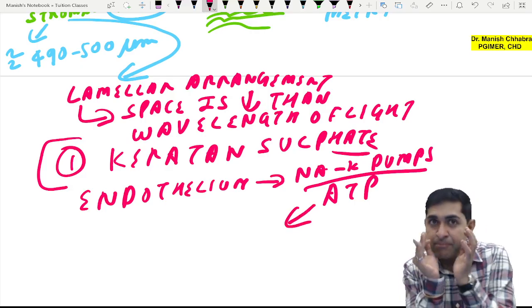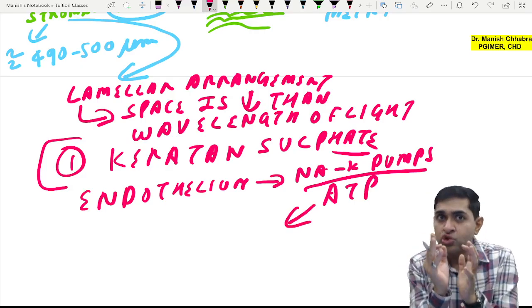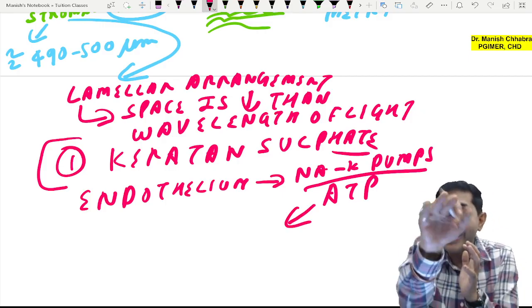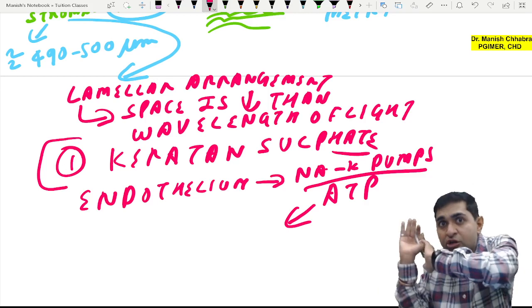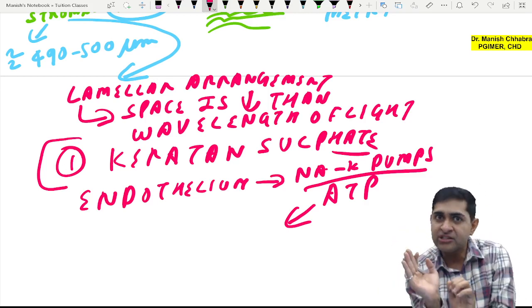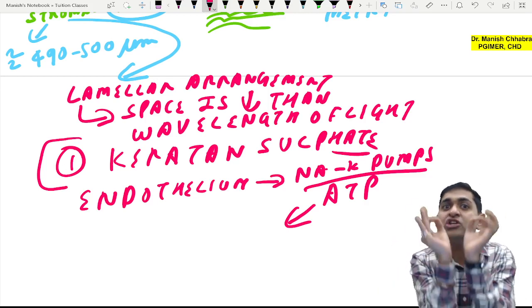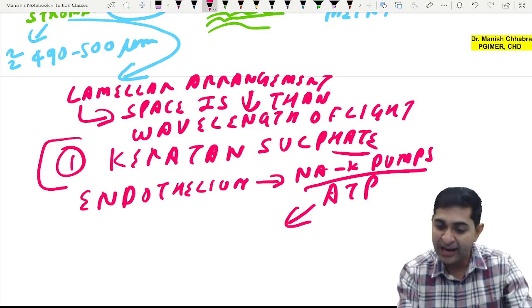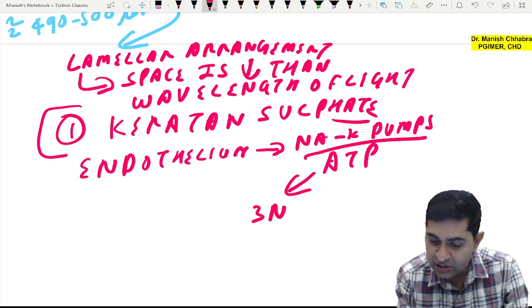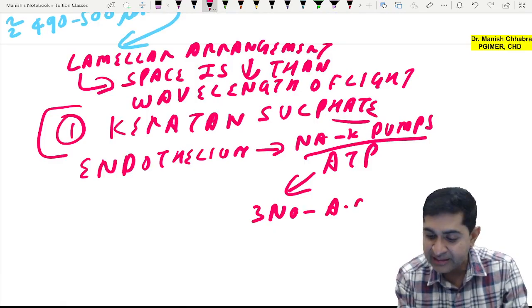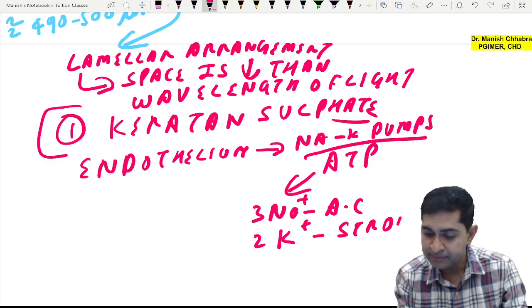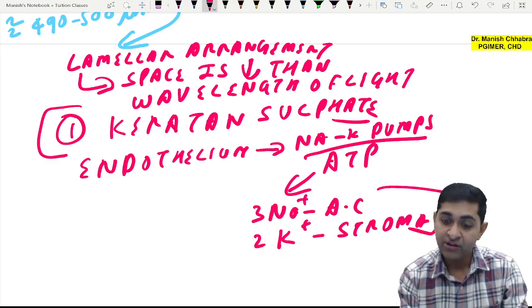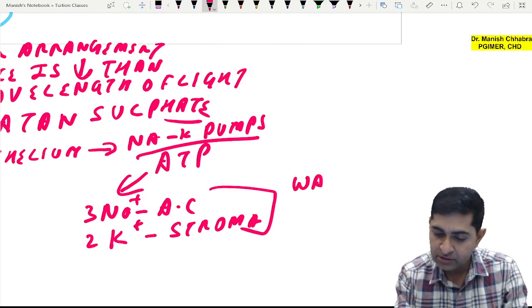Now the purpose of these pumps is to throw 3 sodium into the anterior chamber and take 2 potassium inside the cornea. Water follows the sodium ions, and hence the corneal stroma is maintained in a dry state. So 3 sodium into the anterior chamber, 2 potassium into the stroma. Of course, water will follow this.